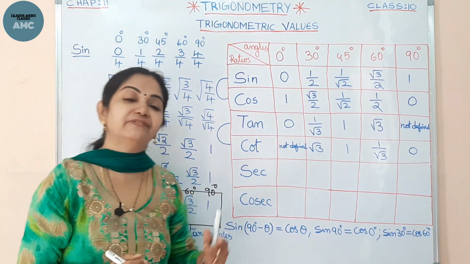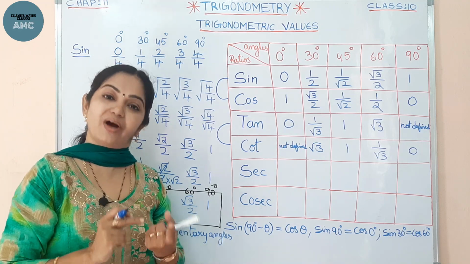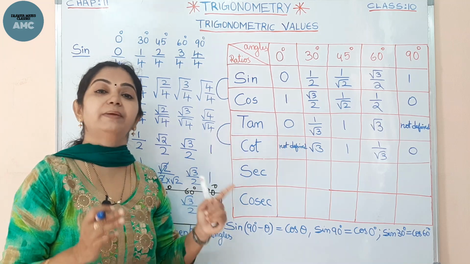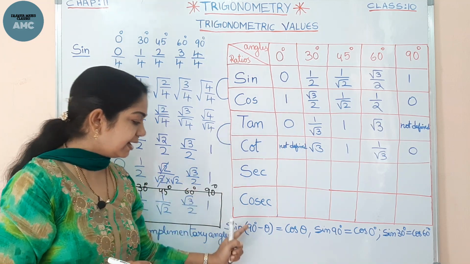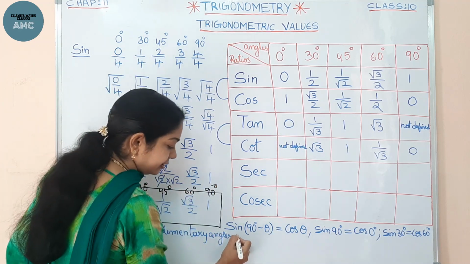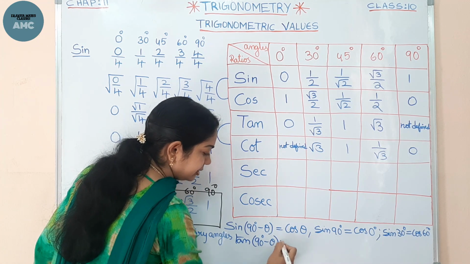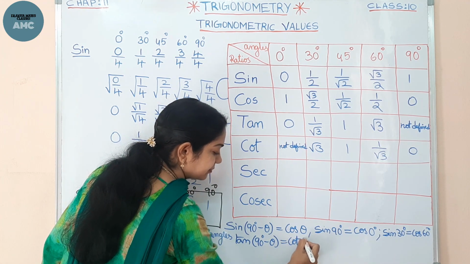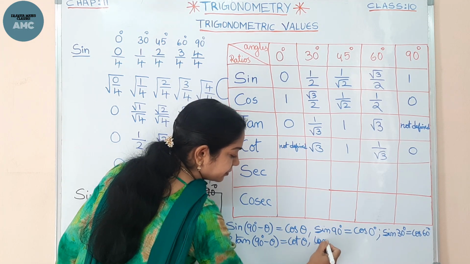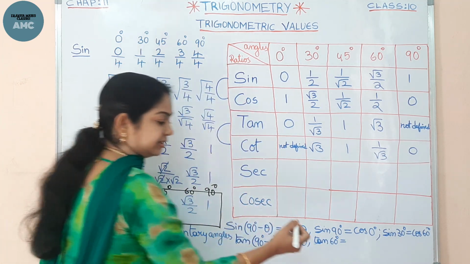Now there is a specialty for tan and cot. They are not only the multiplicative inverse of one another, but they also form a complementary pair. That means tan 90 minus theta is equal to cot theta. So tan 60 degrees is equal to cot of 90 minus 60, which is 30, isn't it?